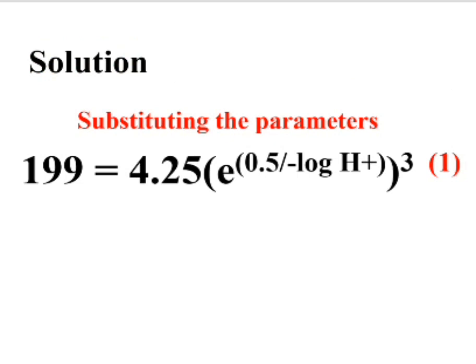Now, on substituting these values into the model, we have 199 is equal to 4.25 bracket the exponential of the initial solution pH divided by minus log of hydrogen ion concentration, all cubed.